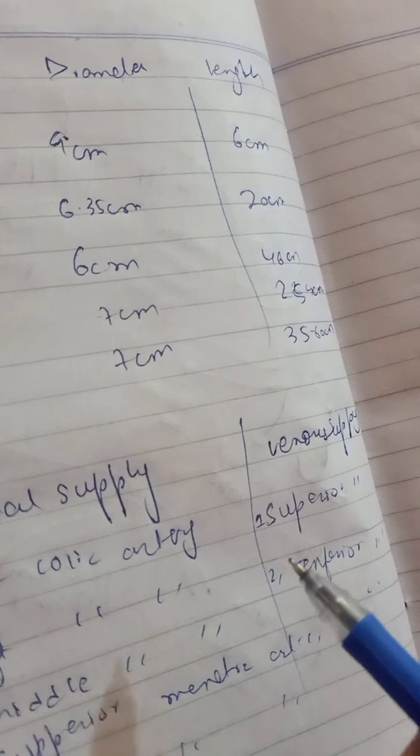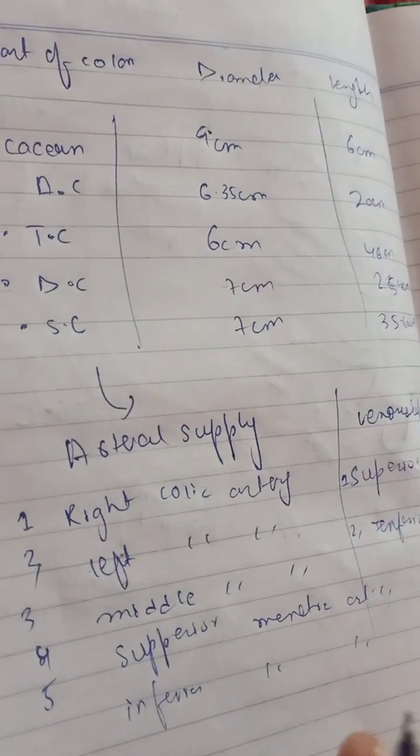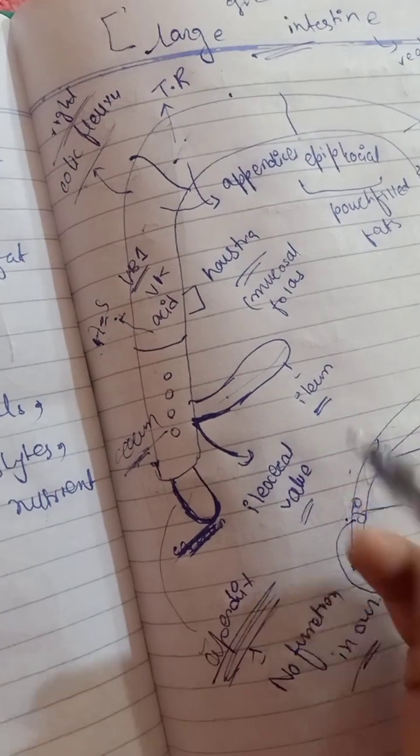They basically carry deoxygenated blood. From the transverse to the ascending colon we have the right colic flexure, and from the transverse to the descending colon we have the left colic flexure.